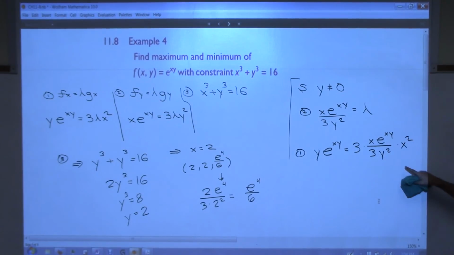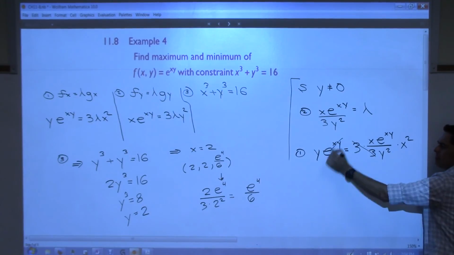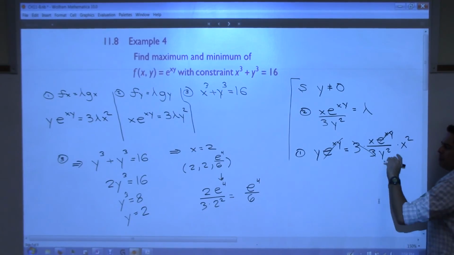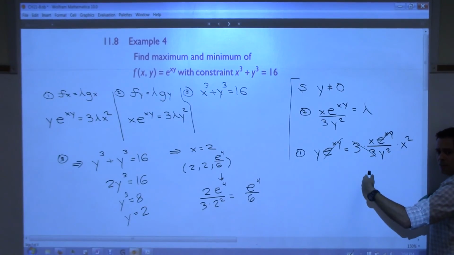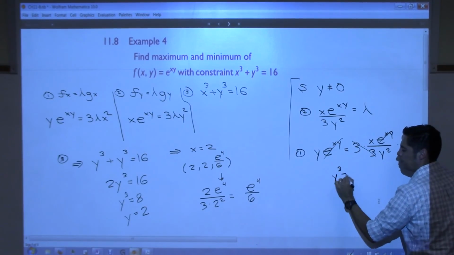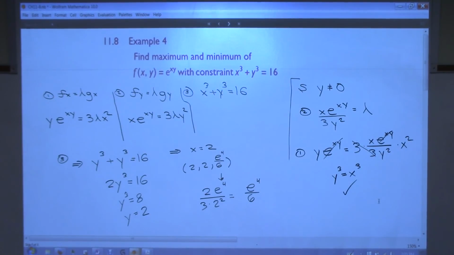Do y'all see this is exactly the same thing that's going to happen? Our 3's are going to cancel. The e to the xy's are going to cancel. I bring my y squared over x cubed. So I'm going to have y cubed equals x cubed again. Check. We've done that already, haven't we?